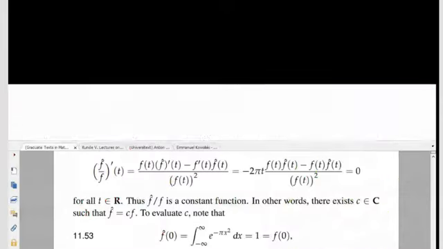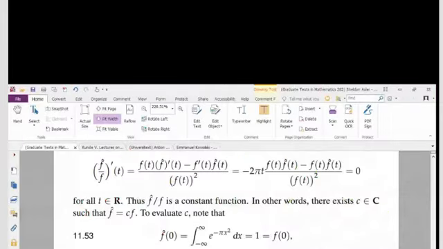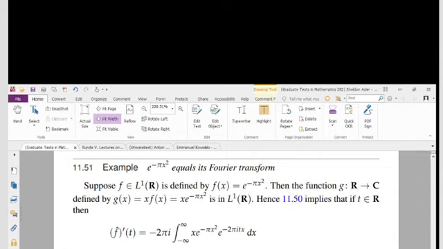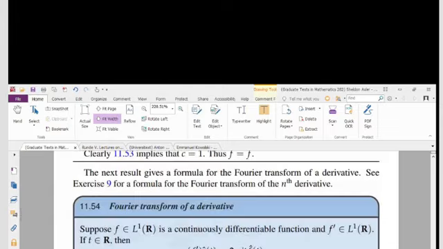Okay, so that f hat equal to f. This is a nice example that the Fourier transform of this function equal to itself. Okay, equal to itself.